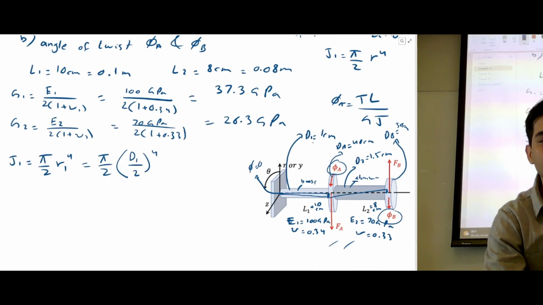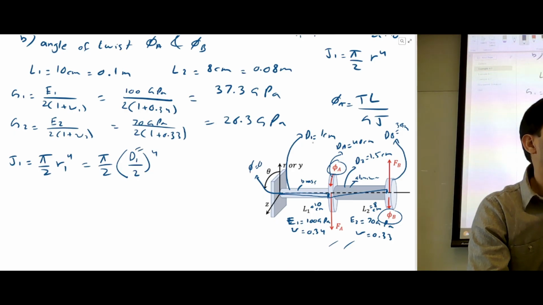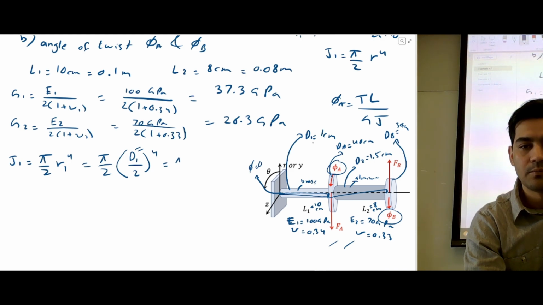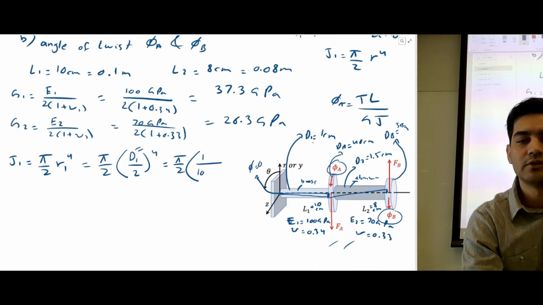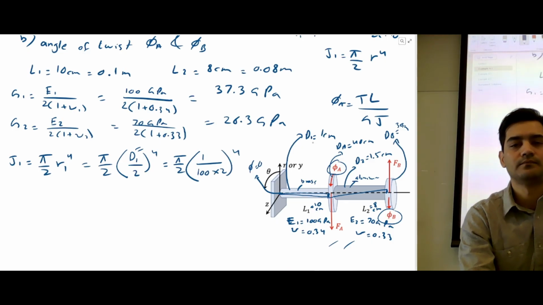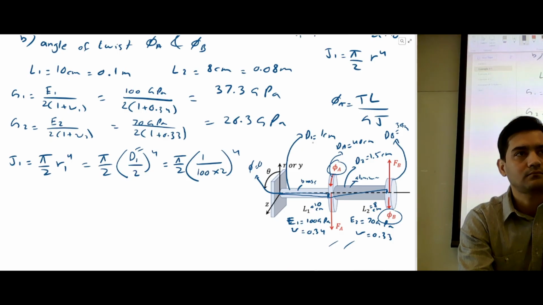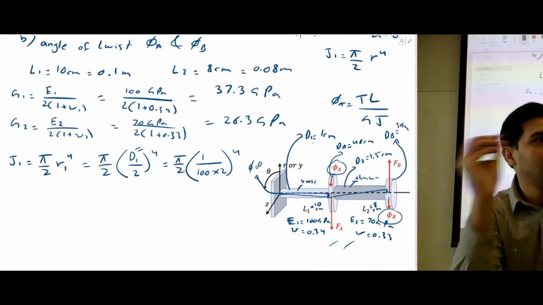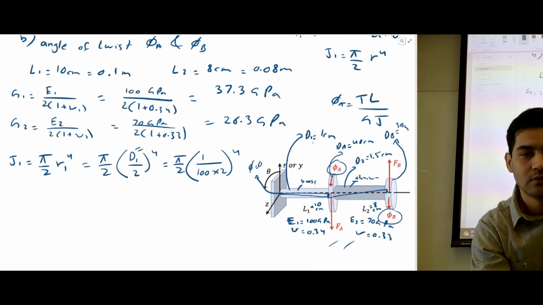So you need to think about which is the D1. There are 4 diameters given. So pi by 2 into, I would say this is 1 centimeter, divided by 100 to make it meter. If you think the diameter should be something else, you can let me know.